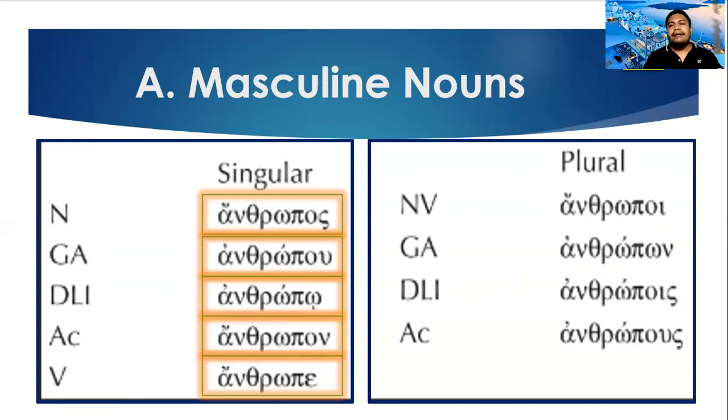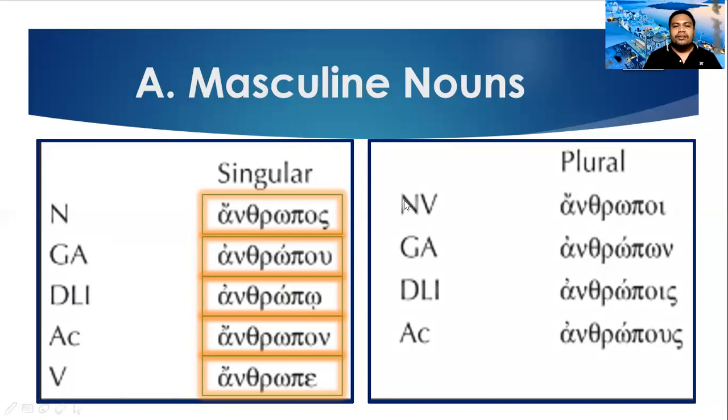For the plural, the nominative and vocative are the same. Later in our exams or quizzes, remember that you need to follow the NV, GA, LI, AC pattern.